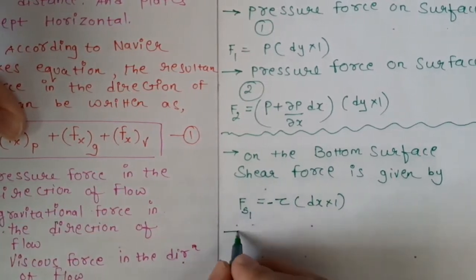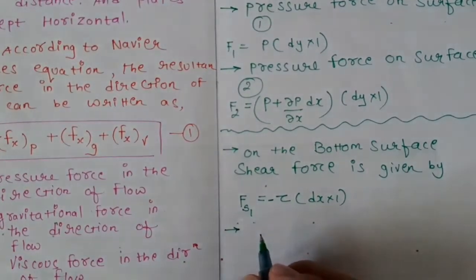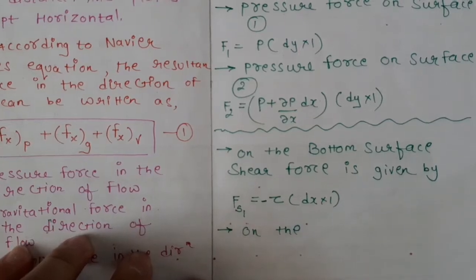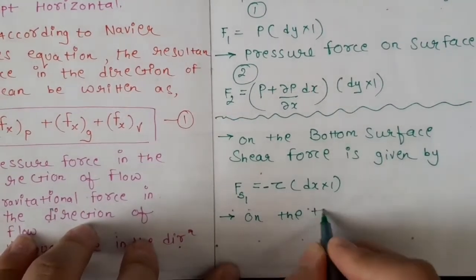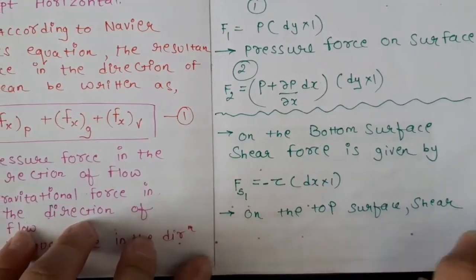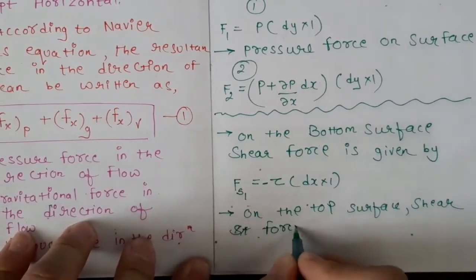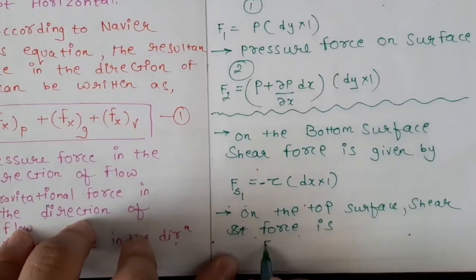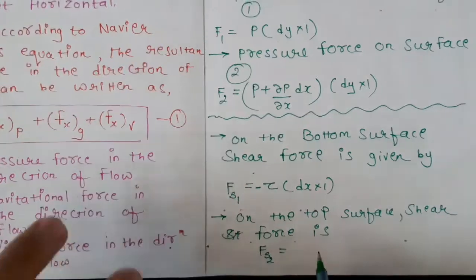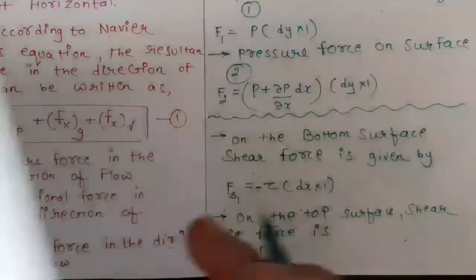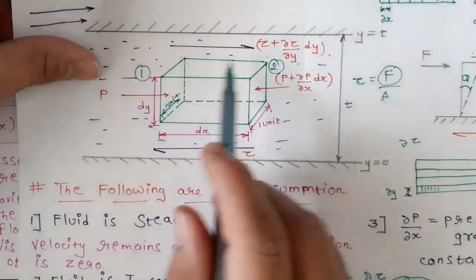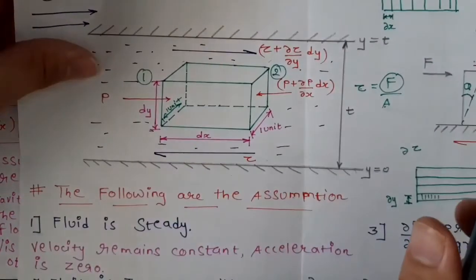Now we will see the shear force on the top surface. The shear force on the top surface is given by Fs2 equals, so here tau plus del tau by del y into dy will act in the positive x direction.